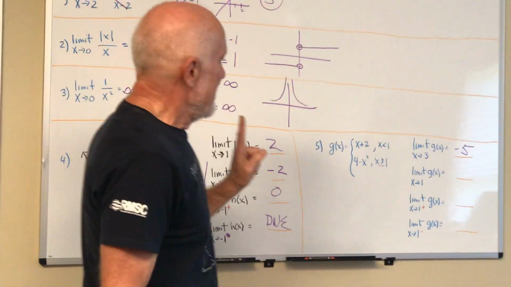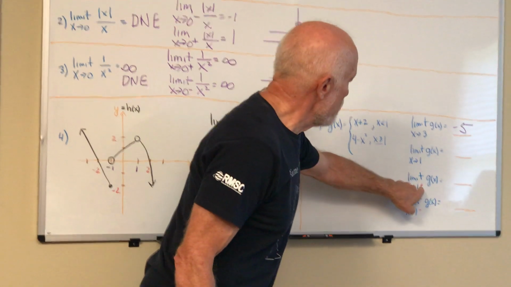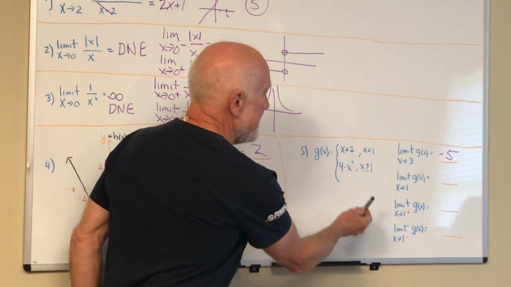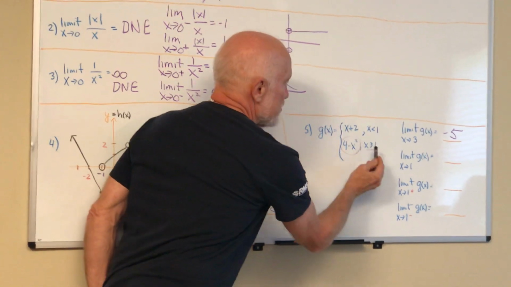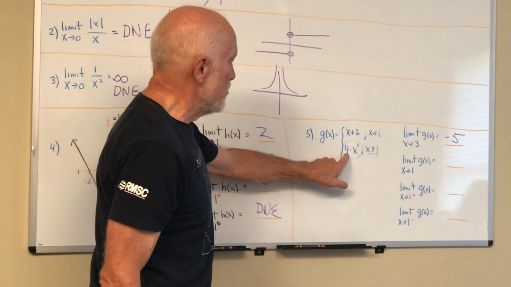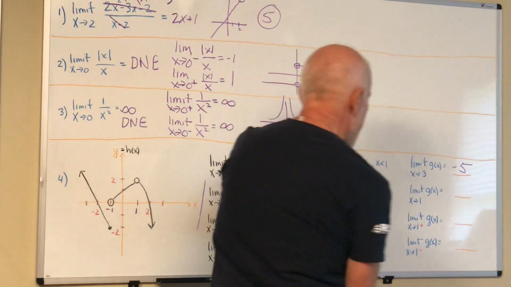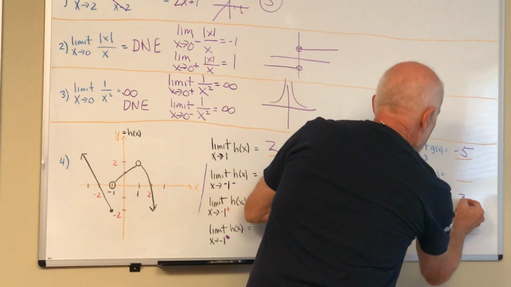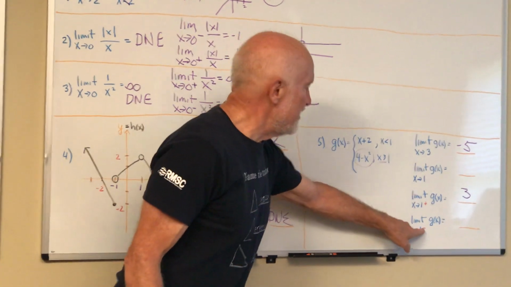So, what's the limit as x approaches 1 from the right? Well, from the right, bigger numbers than 1, we're going to be into this function, x greater than or equal to 1. So what's the limit as x approaches 1? 4 minus 1 is 3. What's the limit as x approaches 1 from the left?